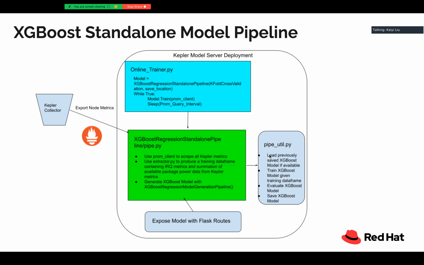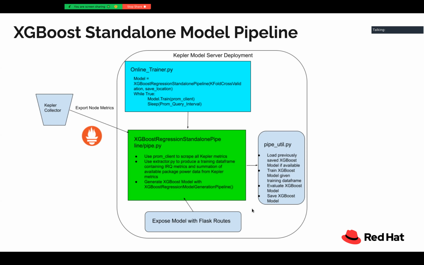So if an XGBoost model with the same features and labels already exists, it'll load that, and then it'll train this model given the training data frame. It'll either train from scratch if the model doesn't exist, or it'll refit the model if it does exist. It'll then evaluate the XGBoost model and then save it.